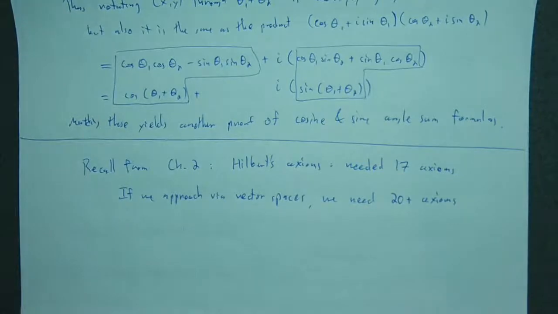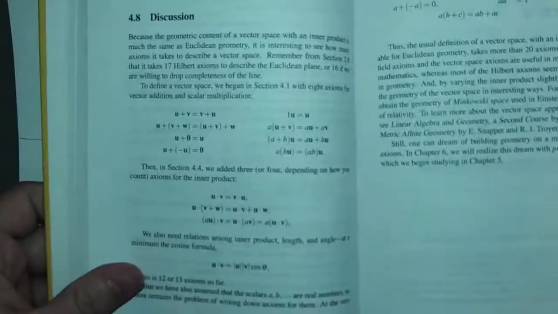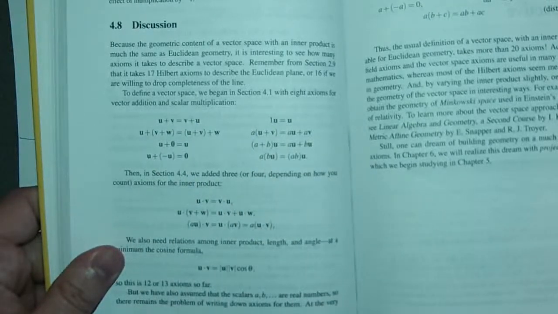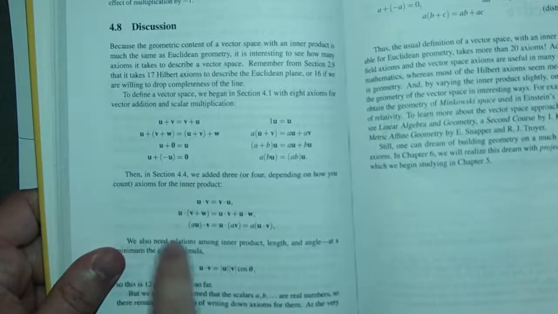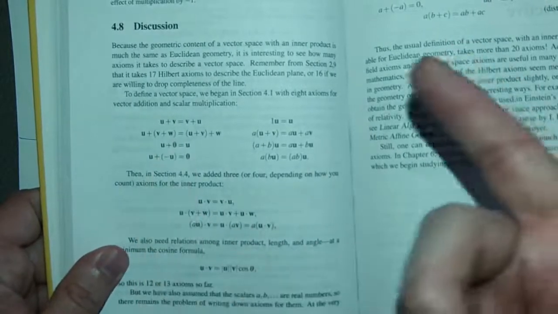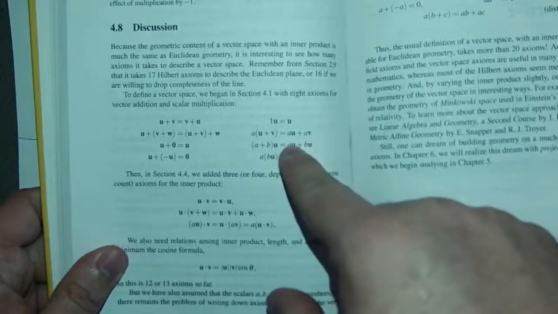Okay, so quickly to show you what some of these are. So the axioms in question, you had the vector space axioms themselves. There were 8 of those. Okay, then you had the axioms concerning the inner product. So you needed some structure. You needed a sum, and you need scalar multiplication.